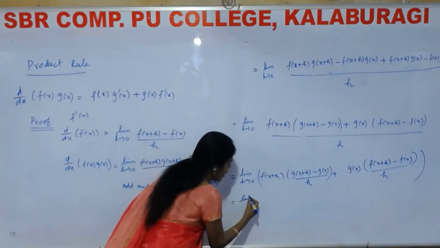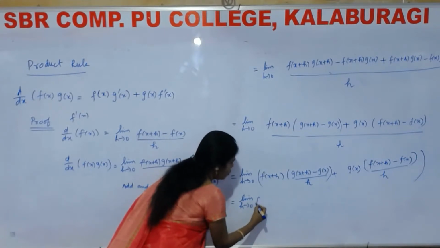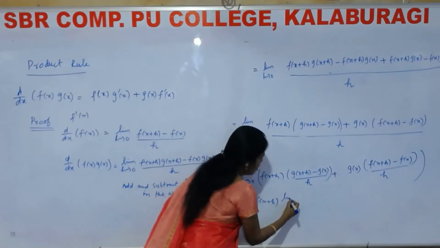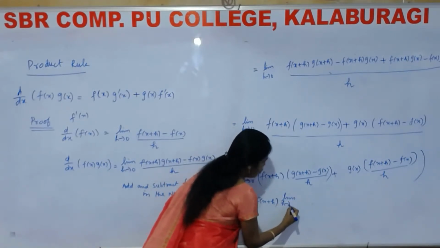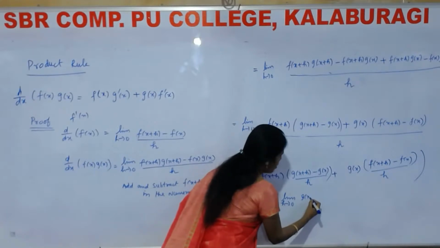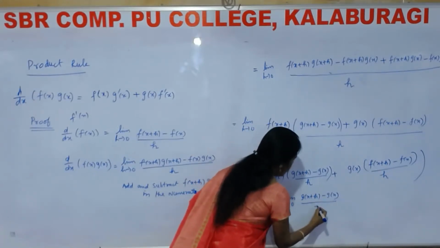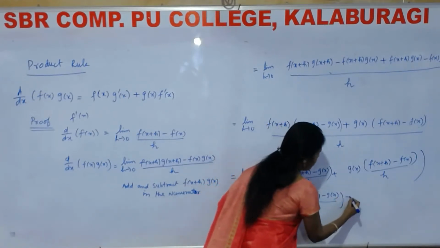If you want to split the limit x tends to 0, f of x plus x, then limit h tends to 0, g of x divided by h plus.